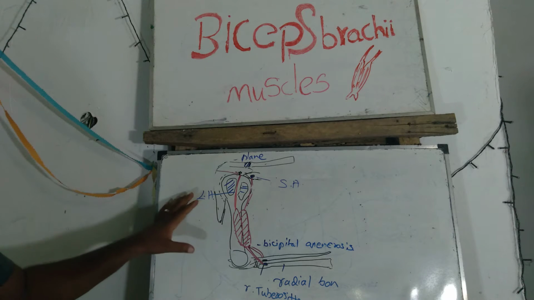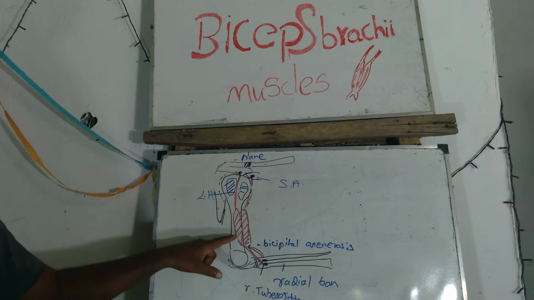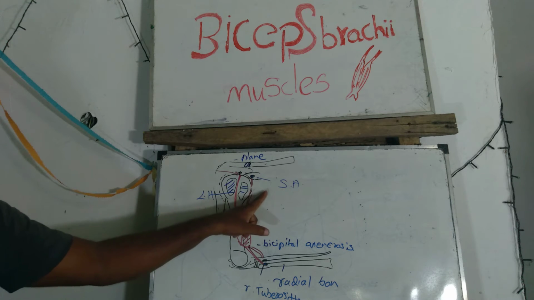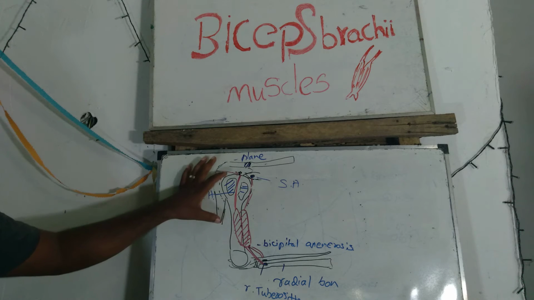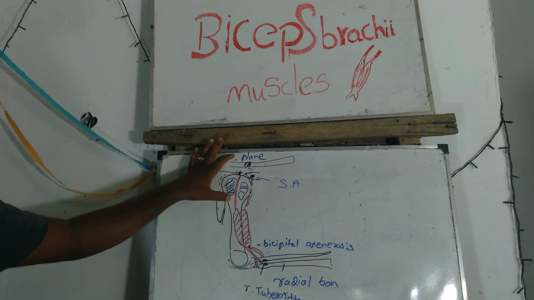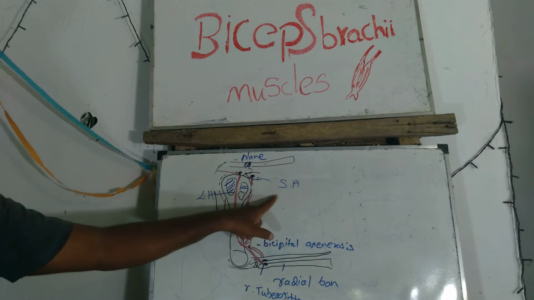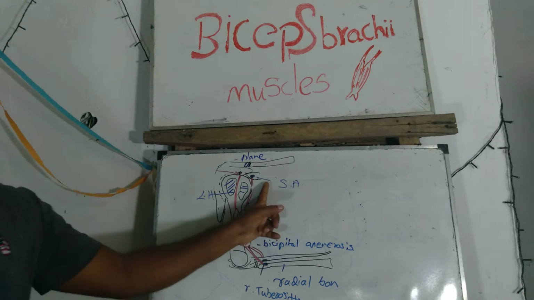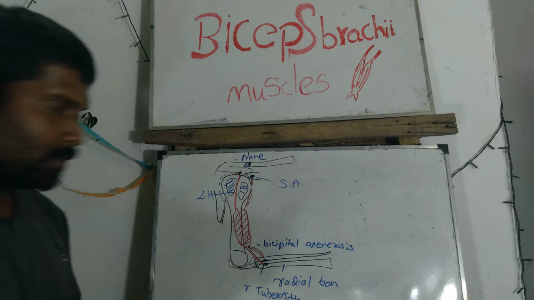Again, we are going to discuss these things. The biceps brachii muscle originates from two heads. One is the long head, the other is the short head. The long head originates from the glenoid cavity, just superiorly. The short head originates from the coracoid process.